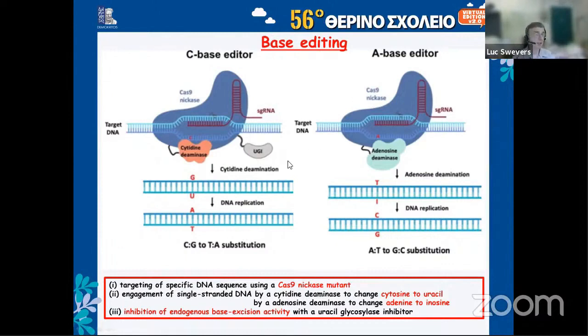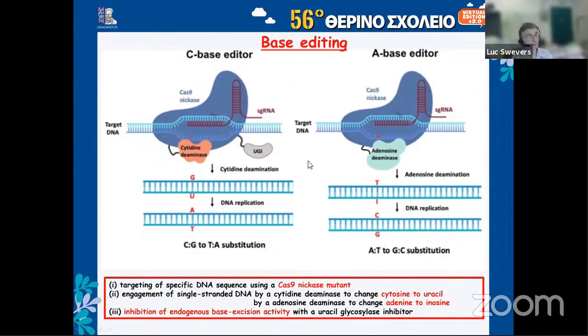In this case, the CRISPR system is targeted to the locus, and it causes the separation of the double-stranded DNA strands. It causes a nick in the strand that hybridizes to the single guide RNA, while the other strand becomes single-stranded.